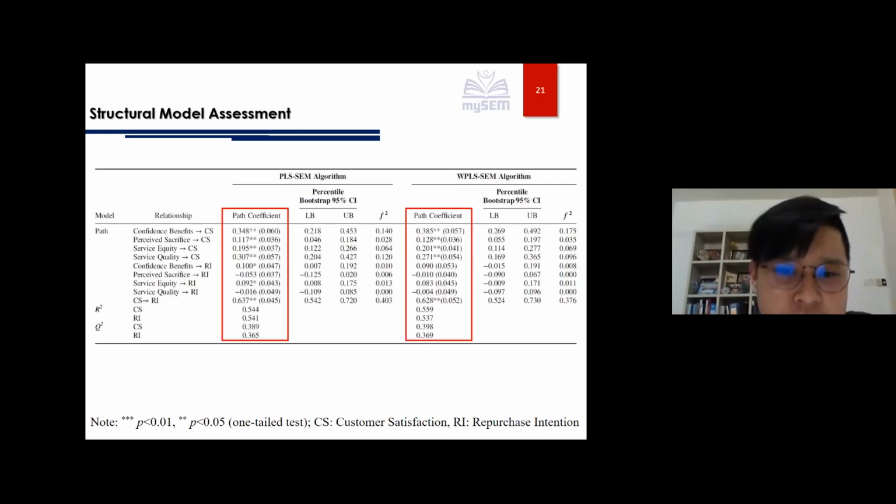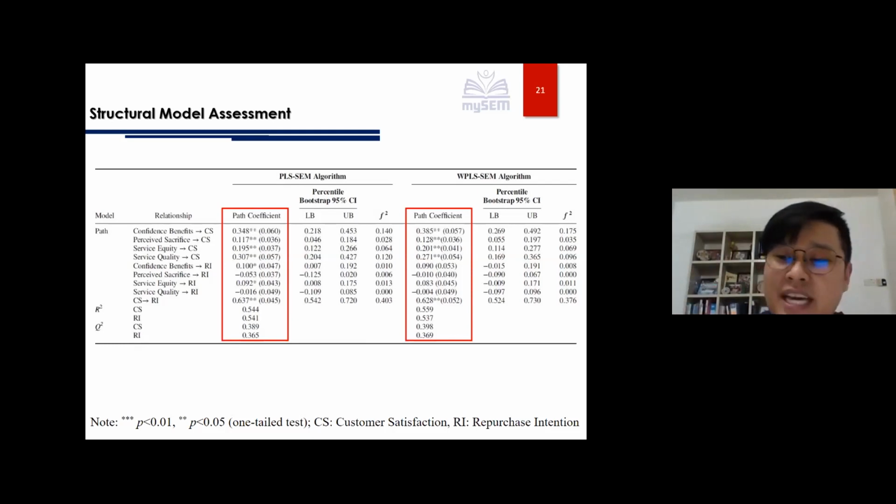As you can see in the result, based on that model just now, put aside all the relationships leading to customer satisfaction, because the result is roughly the same. But try to look into confidence benefit to RI. RI means repurchase intention. And then look into perceived sacrifice to repurchase intention, service equity to repurchase intention, service quality to repurchase intention.